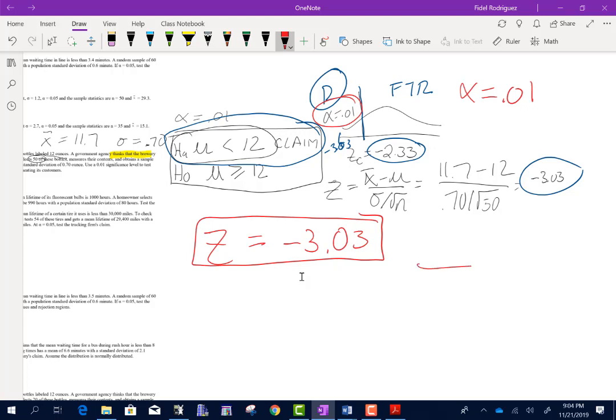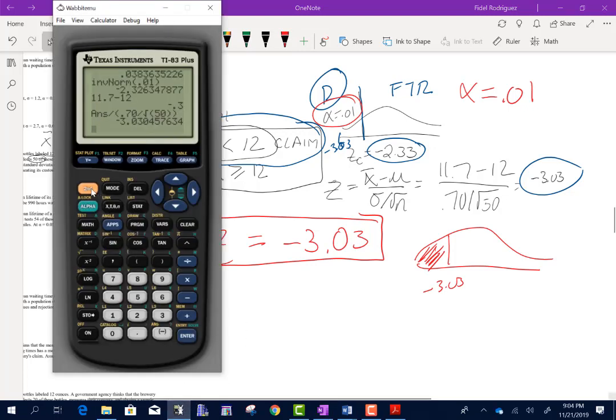So what we're really trying to figure out here is, with negative 3.03, I'm trying to find that area to the left because this is a left tail test. So if I'm trying to find the area to my left, I'm going to go second bars, normal CDF. If I'm trying to find the area over here, what are the numbers that go all the way this way? The negative with all the nines.